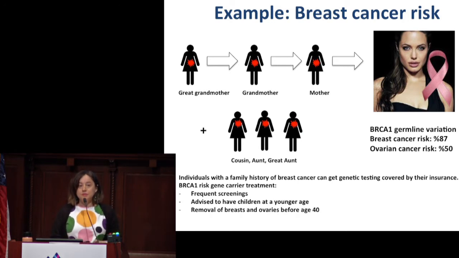The best example being Angelina Jolie getting a double mastectomy in order to prevent it before it happens. If you look at Angelina Jolie's family history, there is a really strong signature, and because of her variant, her risk for breast cancer was really high.